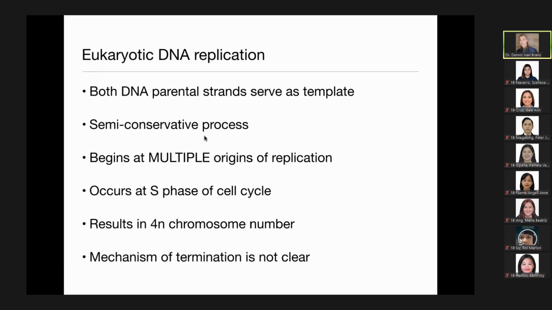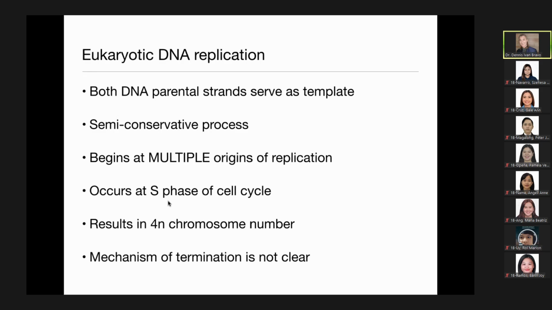It's also a semi-conservative process. However, unlike prokaryote, there are multiple origins of replication and not just one. Eukaryotes have a cell cycle, so the process of replication occurs only during the S phase.